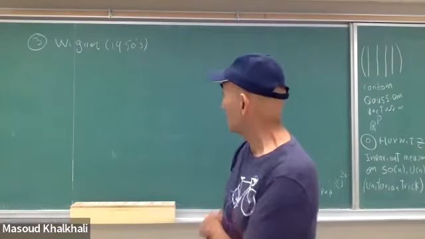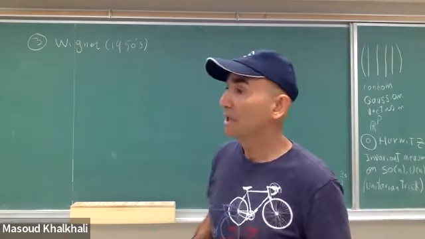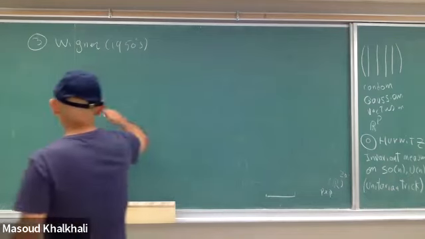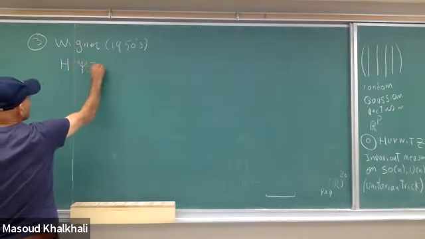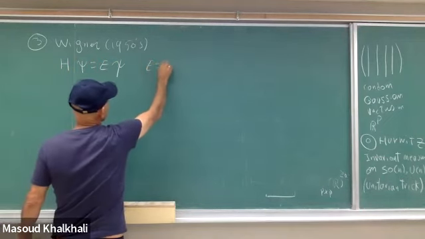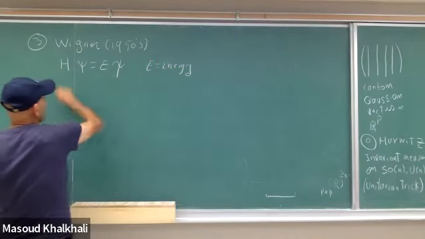So Wigner had an ingenious idea. He said that, well, we don't know anything about it, so I'll just approximate it by a finite matrix. So basically what you want to do, you want to solve the steady state Schrodinger equation, H psi equals E psi. And this H is the Hamiltonian.